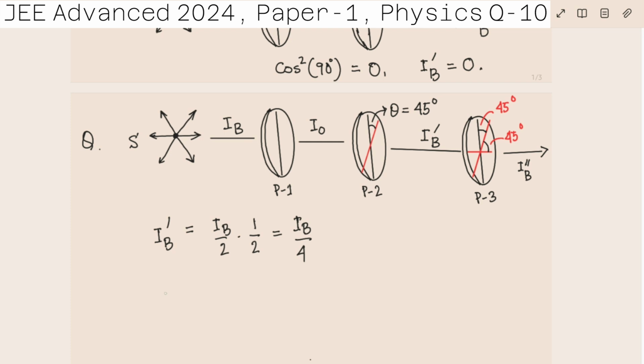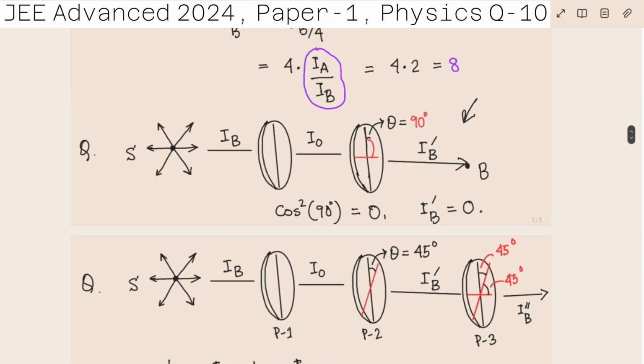So your IB double prime would be IB prime times cos squared 45 degrees, because P3 makes 45 degrees with respect to P2. That is again half, so IB over 4 times half would be IB over 8.